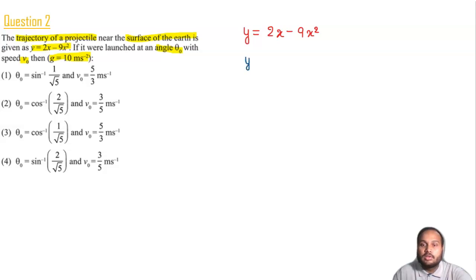The equation of trajectory is generally written as y equal to x tan theta minus g upon 2 v naught square cos square theta into x square.